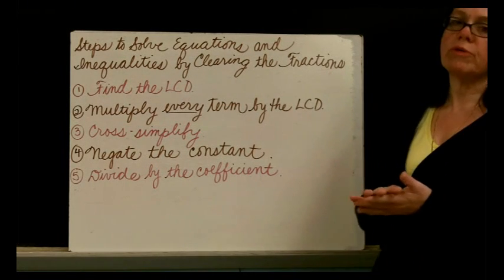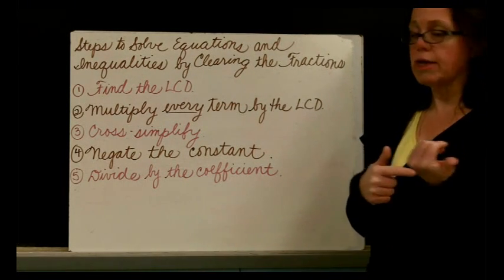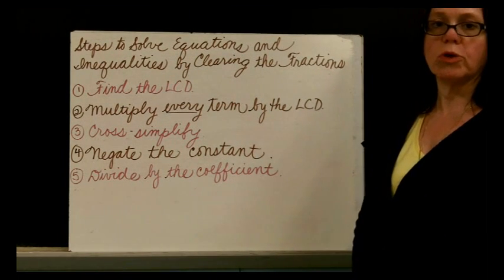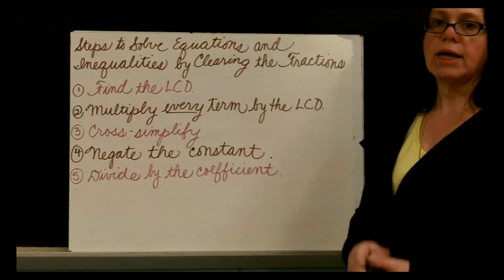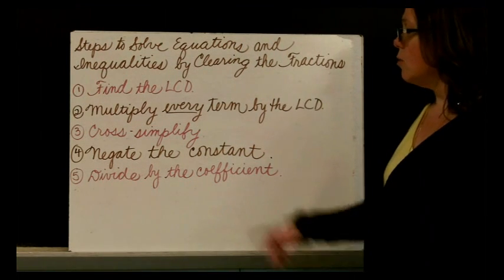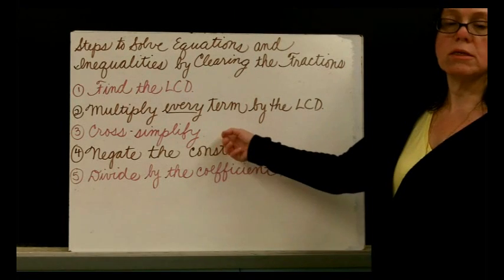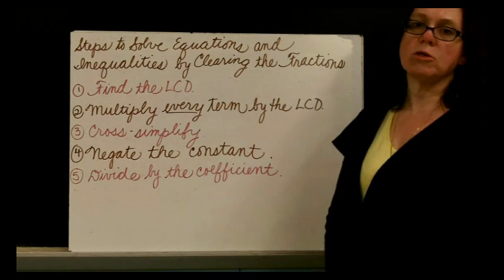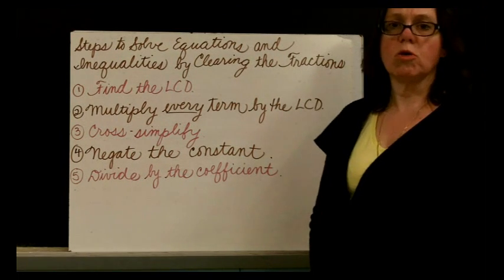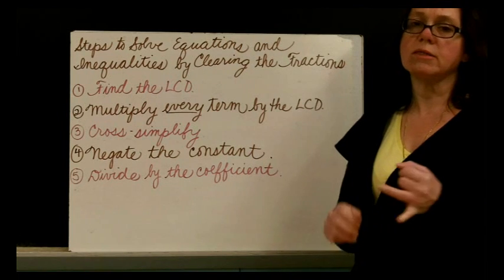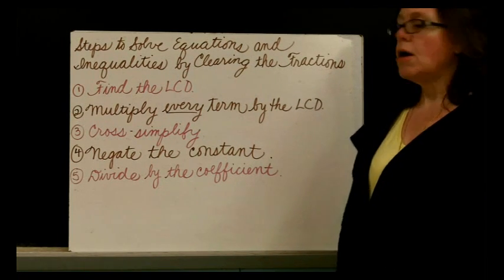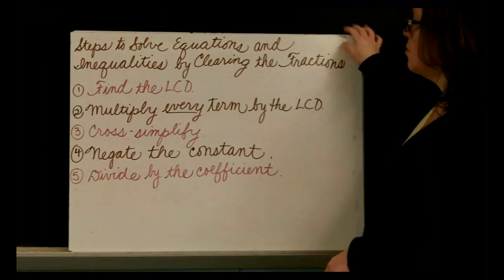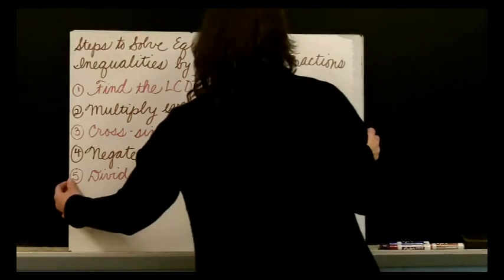Then, rather than make equivalent fractions, which is what we did in the last lesson, what we're going to do is multiply every single term of the equation or the inequality by that least common denominator. Then we will cross-simplify, which I insist that you do. Then the steps that follow are the same steps that you know for solving equations and inequalities already. First, we will negate the constant, and then divide both sides by the coefficient to isolate the variable. And so in our first example, we are going to follow these steps to solve.